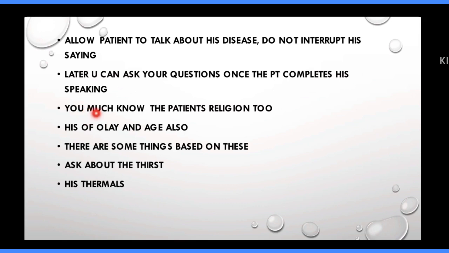You must know the patient's religion too. What is the patient's religion? You have to know about the patient's religion, and also his age, his occupation. Some things can be known based on these.